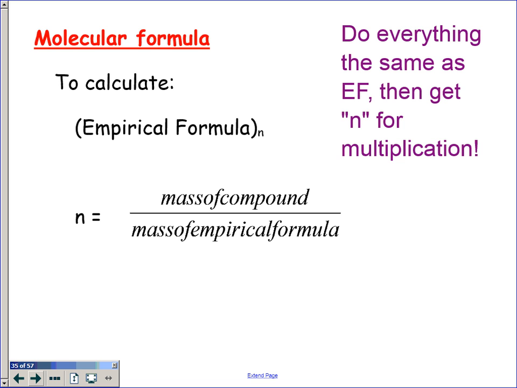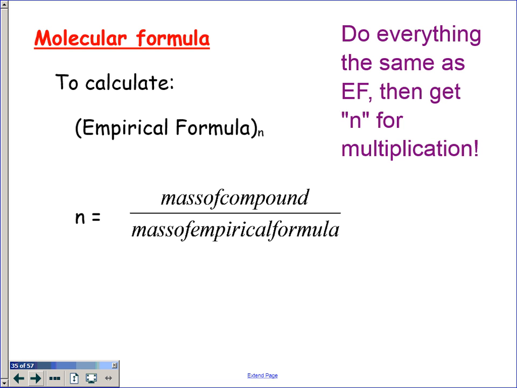So let's write down what's on the board first, okay? Write down what's on the board first. So you'll notice that over here in pink or purple, in the molecular formula problem, you're doing everything exactly the same as empirical, except that at the end, you must get a multiplier.